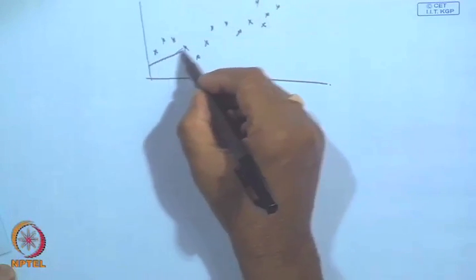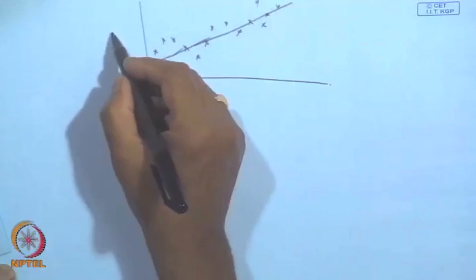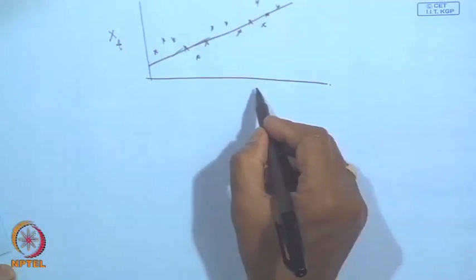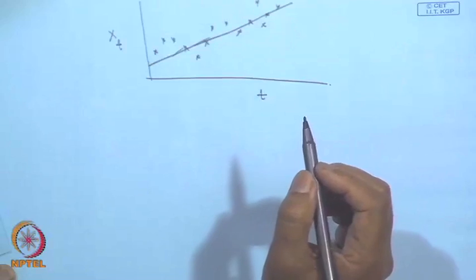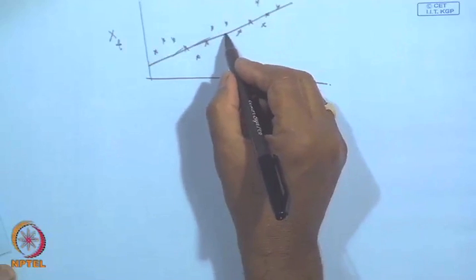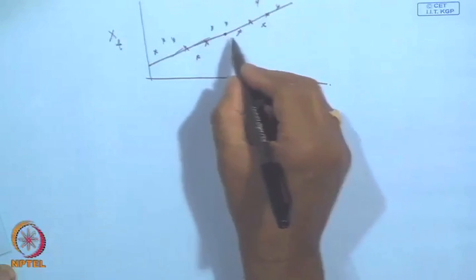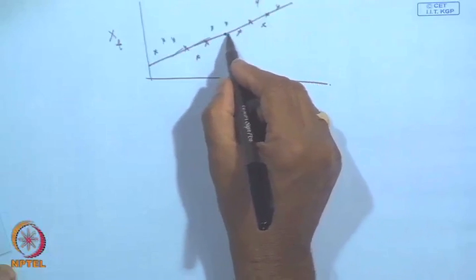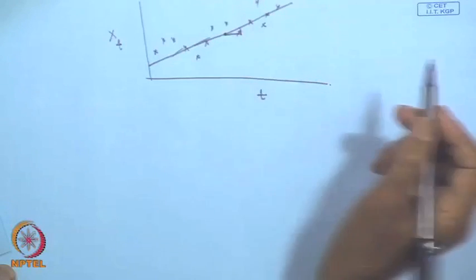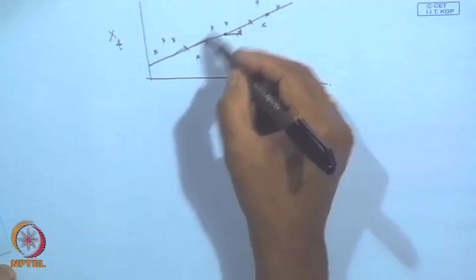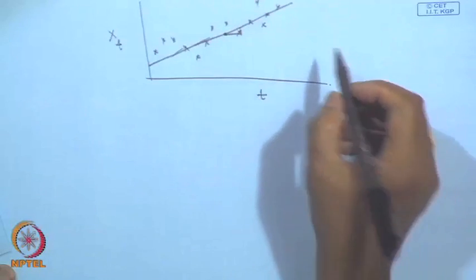Now, here is a case of x t varying with t, and we can say that it has an average, and the average has a trend, and there is a random fluctuation around it.